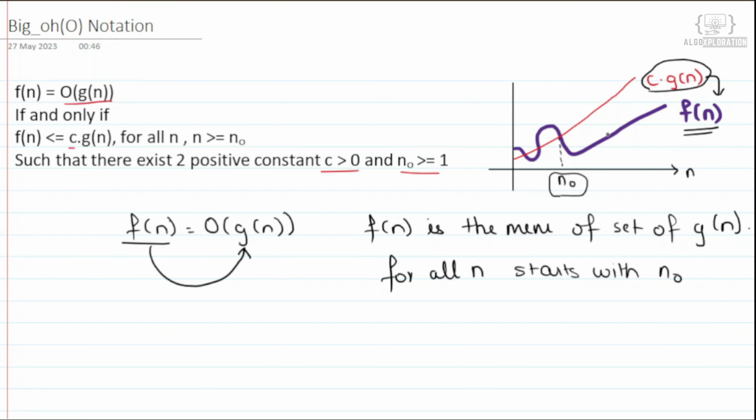Now, in a priori analysis, I was saying if the complexity of a program, let's say, is n plus 7, then we will write it as order of g of n. This means this function n plus 7 is a member of the set of n.